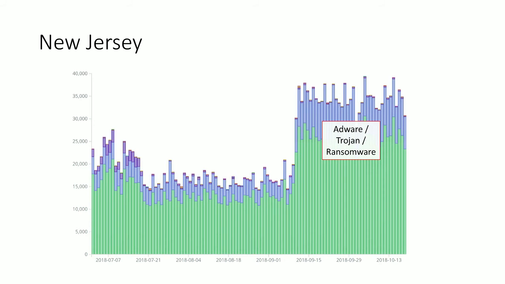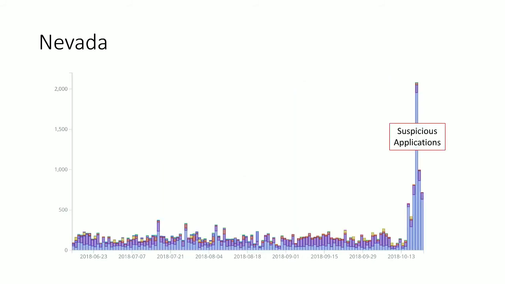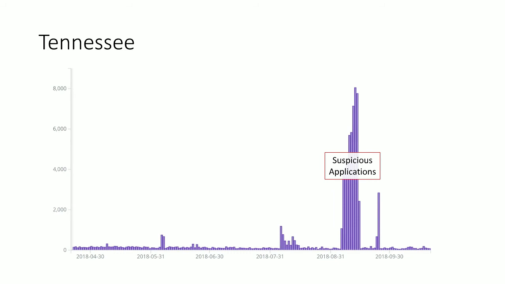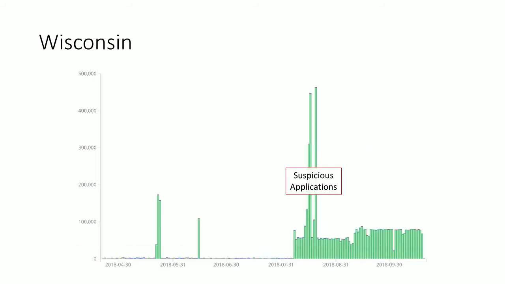But ransomware could be used to shut down a system or to hold it hostage, right? That's just an example. It basically means blocking and or encrypting data for some monetary gain or extortion. Nevada, suspicious applications. Tennessee, suspicious applications. I mean, how in Wisconsin.